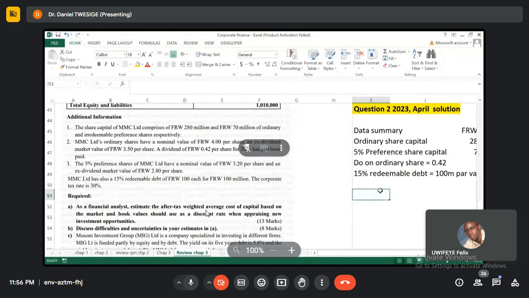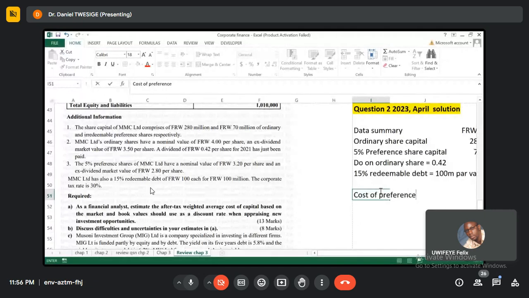For the cost of preference, it is okay. We can get it. Okay, let's first compute the cost of preference. But for the redeemable, as if there's some data missing. That's why I want you to check if there's some data I did not copy.